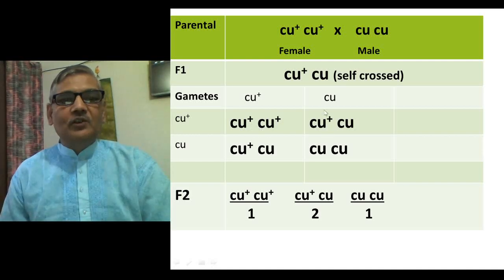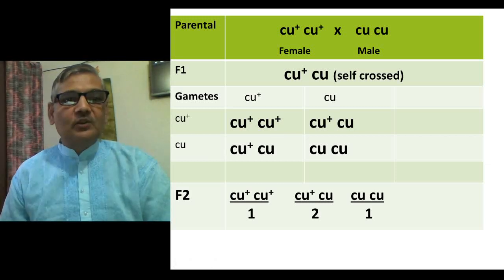Then there will be individuals like Cu and Cu plus, so heterozygotes will be obtained. Here also this is an individual with Cu plus and Cu allele, and this individual will be Cu and Cu. So actually three different kinds of individuals with respect to genotype are being observed.